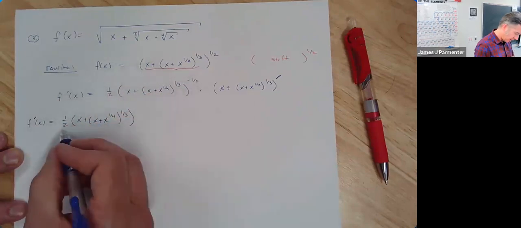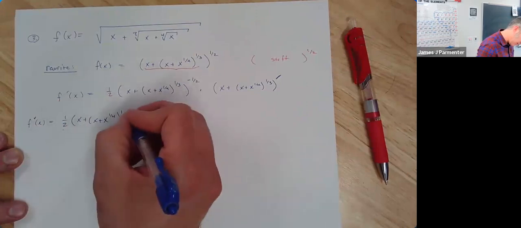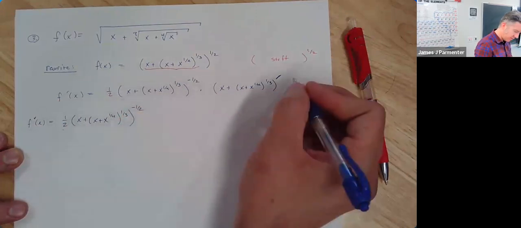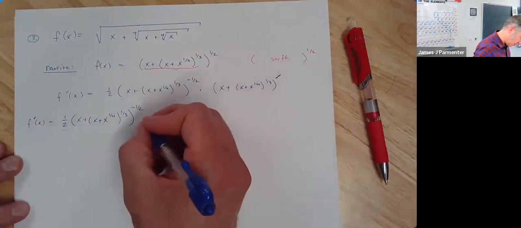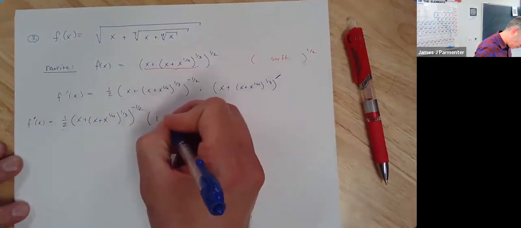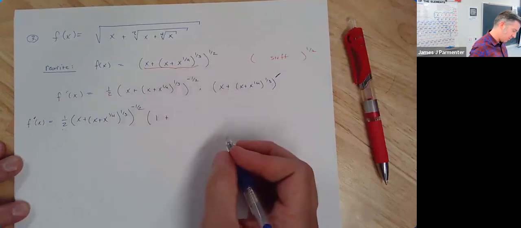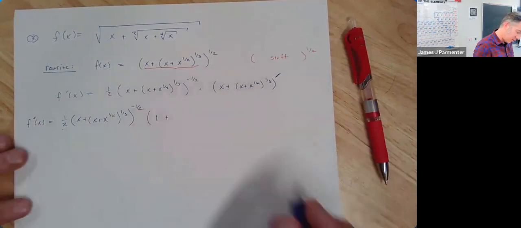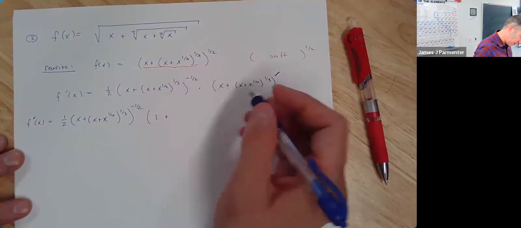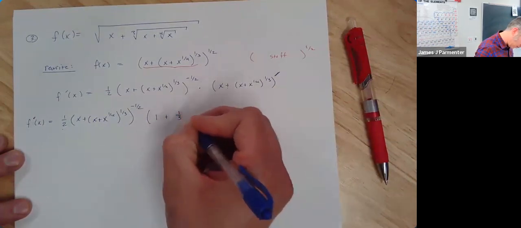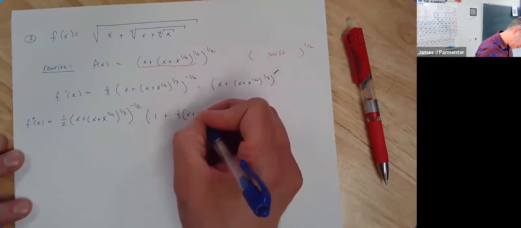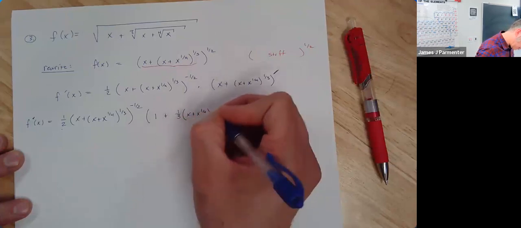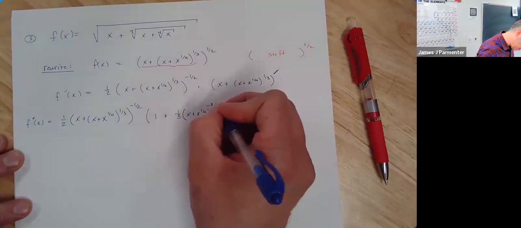So we've got 1/2 times our stuff to the -1/2, and then the derivative of the stuff. Well, the derivative of x plus some other stuff to the 1/3 is going to be 1 plus the derivative of this, which is going to be 1/3 times that stuff to the -2/3.